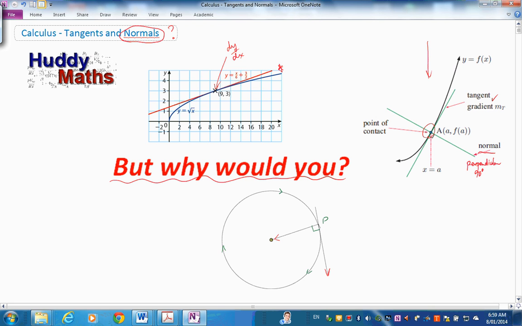So, okay, that sounds like a good mathematical exercise. And we have spoken about instantaneous rate of change being the slope of the tangent at that point. But why would you actually find the equation?